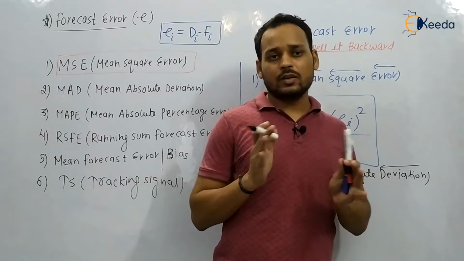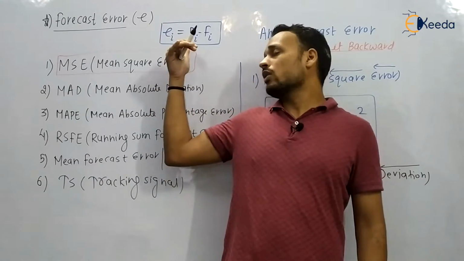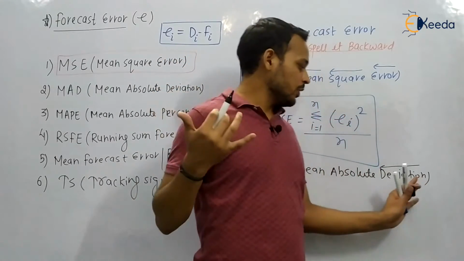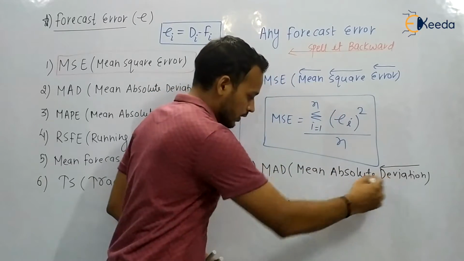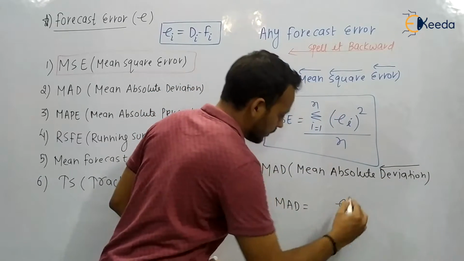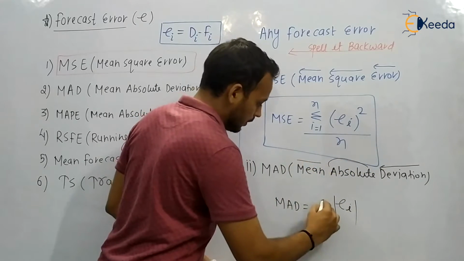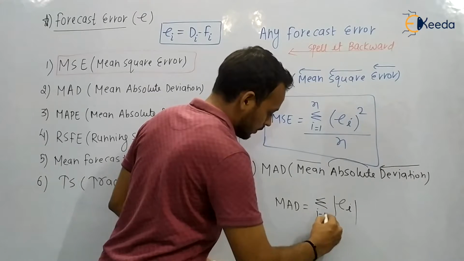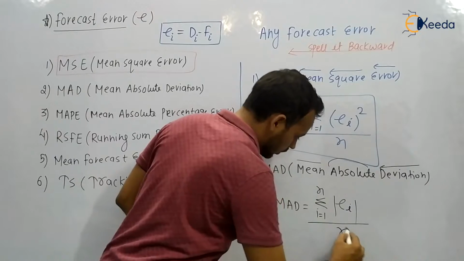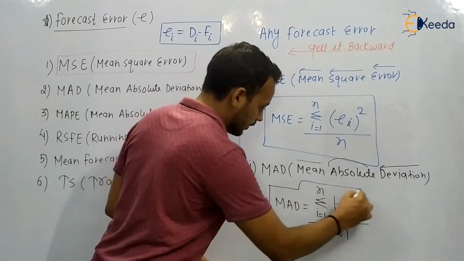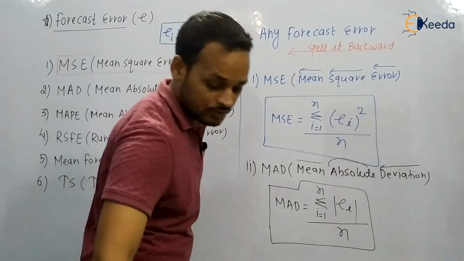So the deviation is 5. Basically demand minus forecast is either the forecast error, or simply the deviation from the actual one. So deviation is error, e_i. Then you take the absolute, absolute means mod. Then mean means summation from i to n divided by total number of periods. Like that you find the mean. So this is MAD.